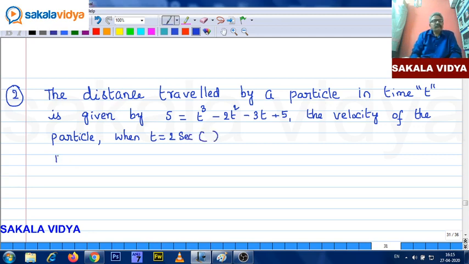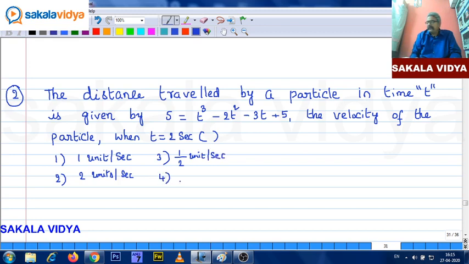First option 1 unit per second, second option 2 units per second, third option half unit per second, fourth option is 3 units per second. This is the question.